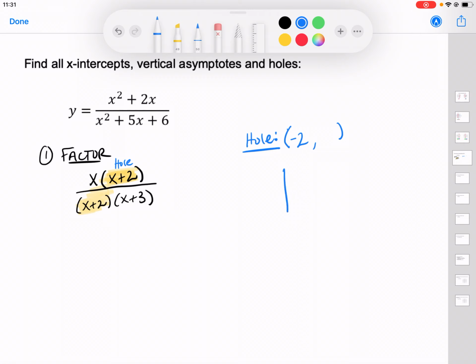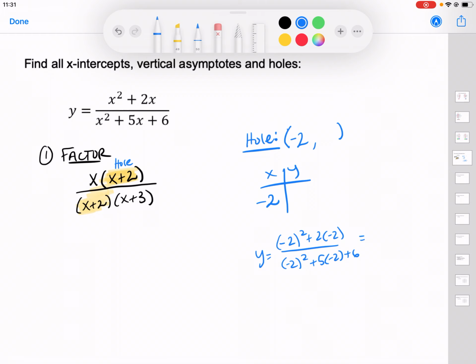Now, in order to find a y value, you usually just plug in your x value to find the y. If I plug negative 2 into the original, I want you to note what happens. It's negative 2 squared plus 2 times negative 2 over negative 2 squared plus 5 times negative 2 plus 6.